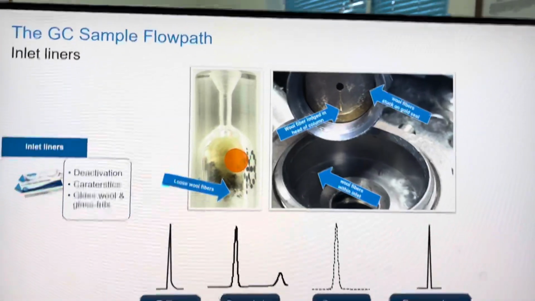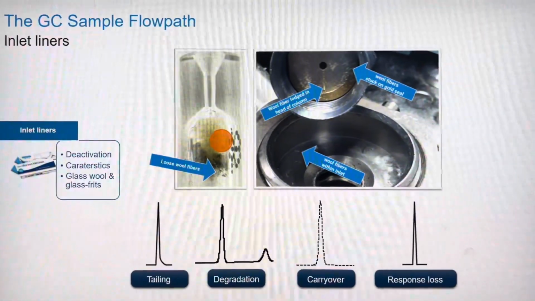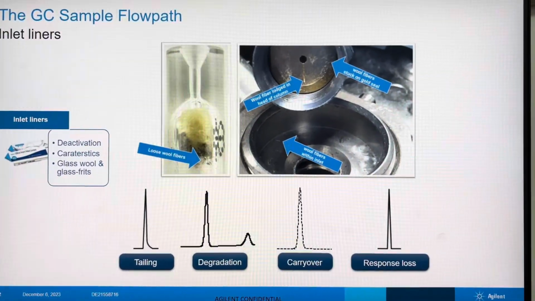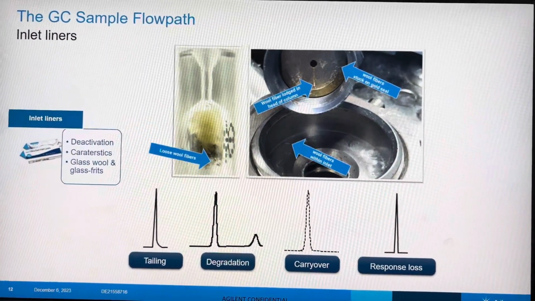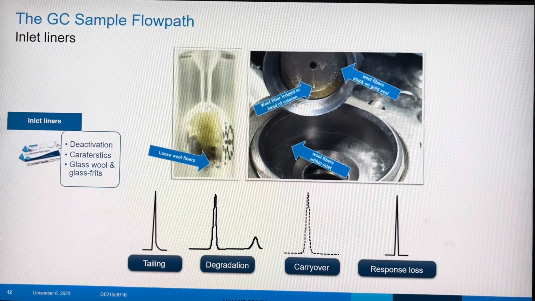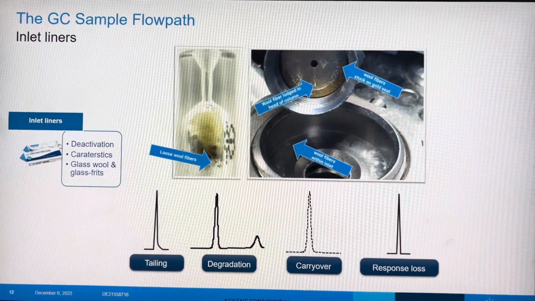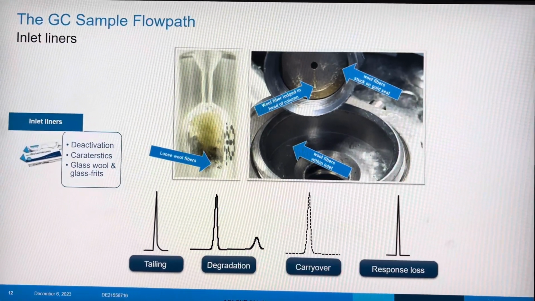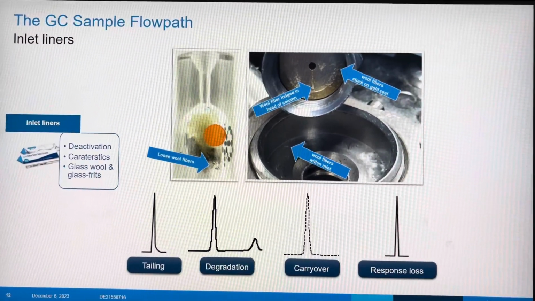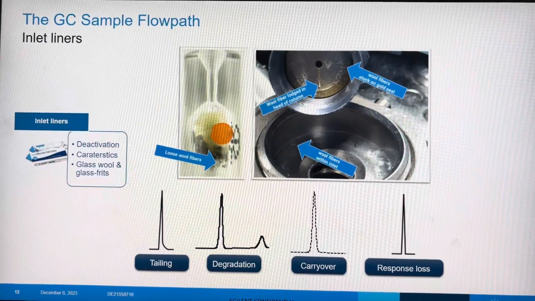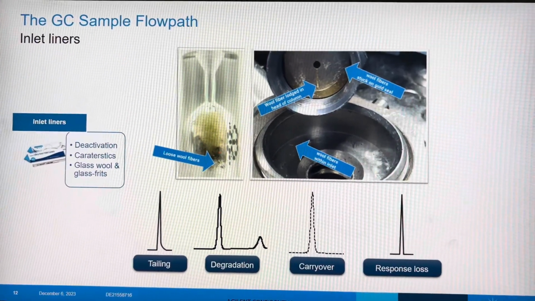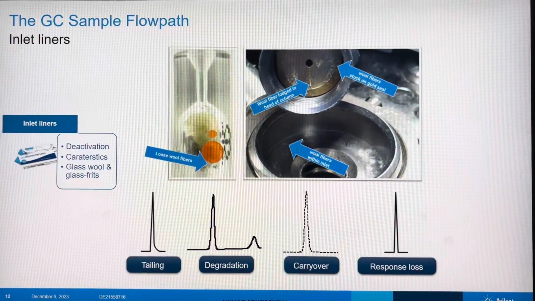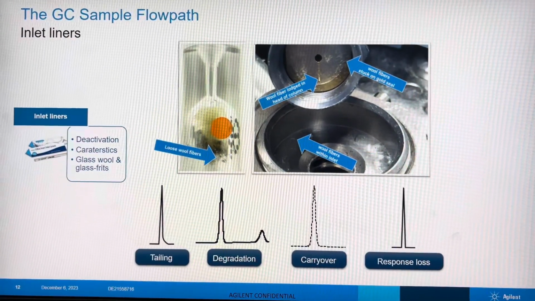If the sample does not demand glass wool, like API bulk or API formulations, in those cases we can directly use a liner without glass wool. That would be ideal. And if we have samples with a lot of matrix, like food, environmental, or matrix-heavy processed samples, it is always better to have a glass wool liner. So again, it depends on the application.